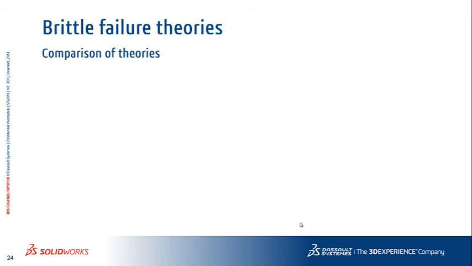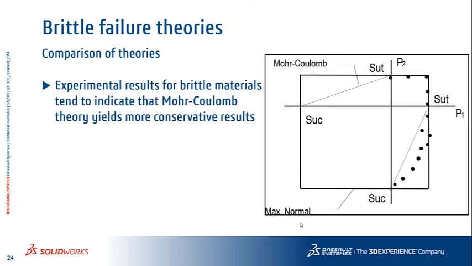So let me just compare these theories real quickly for you. Here is the Mohr-Coulomb theory, which follows this path right here. And then here is the maximum normal, which looks really the same. The experimental results tend to indicate that Mohr-Coulomb is going to predict the onset of yielding earlier.